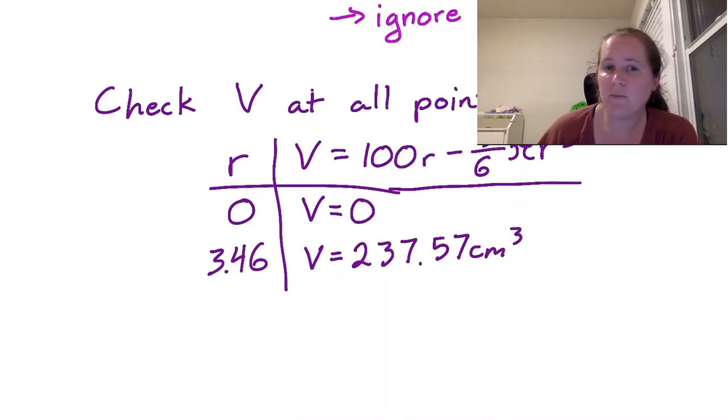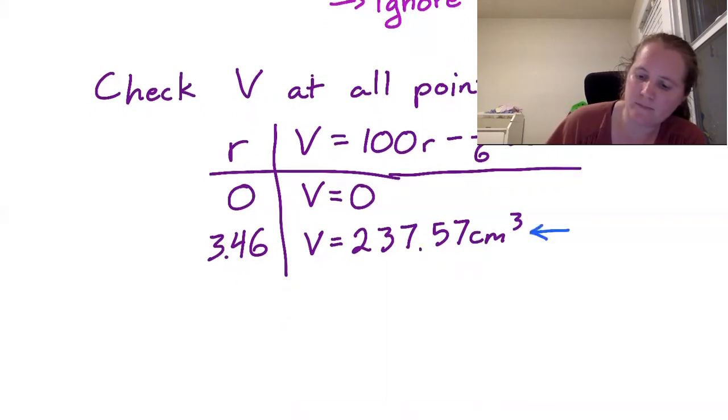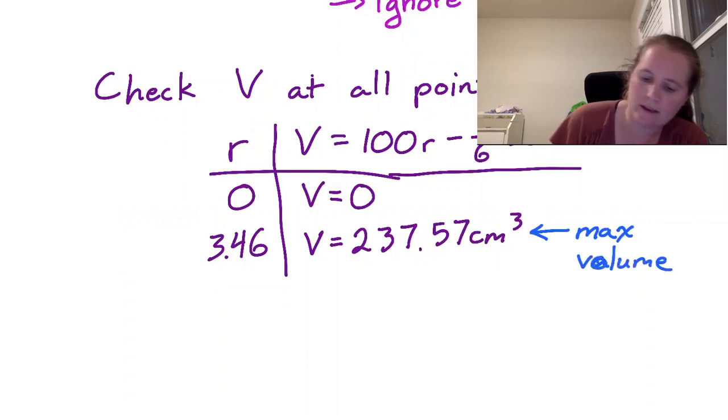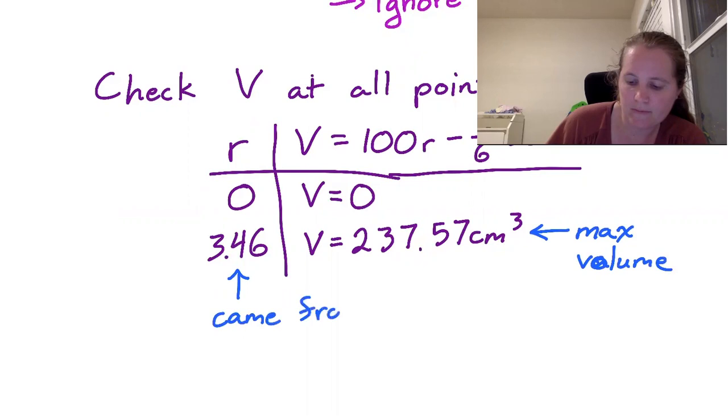We get our volume, and this 3.46, we actually already know the h corresponding to it. So here's our maximum. So this is our max volume. And then 3.46 for r, this value came from h equaling 4.